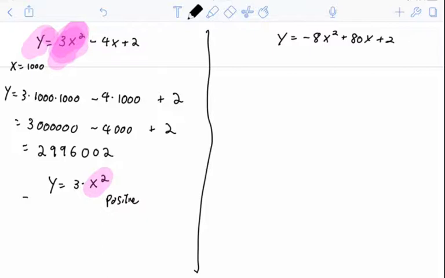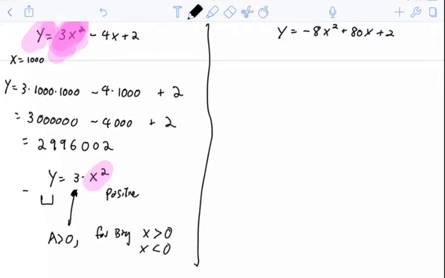And so the sign of the value of y depends entirely on what the coefficient is here. If a is positive, then for big x bigger than 0 and x less than 0, when x is a huge input, negative or positive, y will be positive.